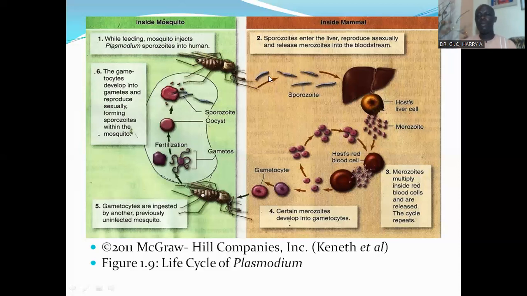The sporozoites attack the liver, they burst, forming merozoites. The merozoites attack the host red blood cells and burst, and they reinfest the red blood cells, or some of them form gametocytes, which carry out fertilization and form the oocyst, which produces the sporozoites, and the cycle continues.